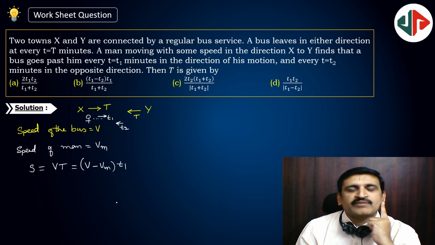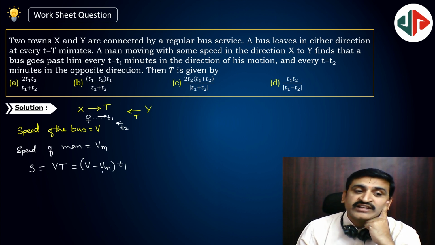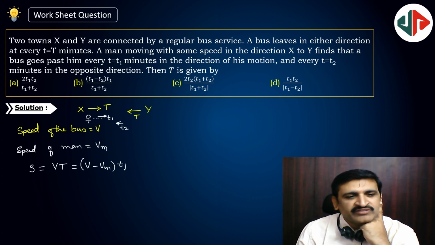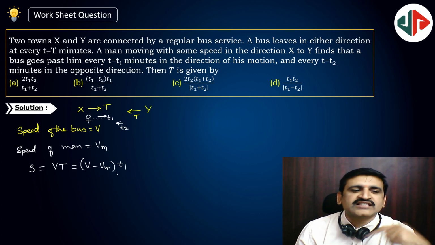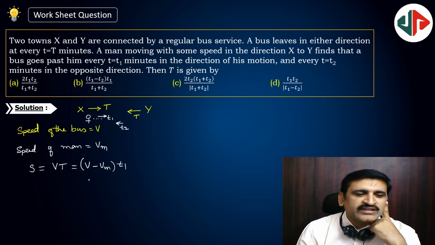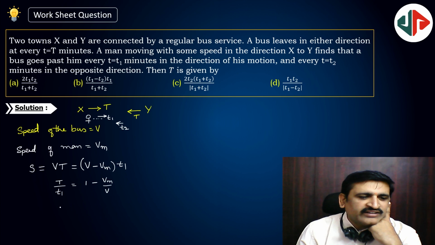So the distance the person covers with relative velocity in a time of t1 is the same distance covered by the bus in a time of T. So this can be readjusted like this: capital T by t1 is equal to, dividing by V on either side, 1 minus Vm by V. Or I can write Vm by V is equal to 1 minus capital T by t1.